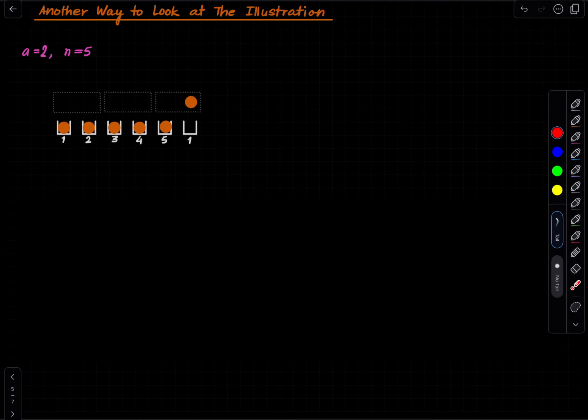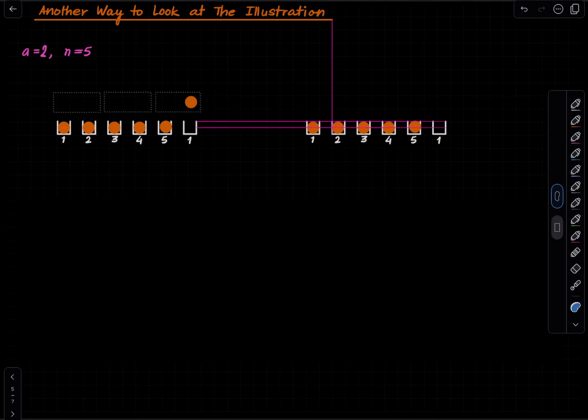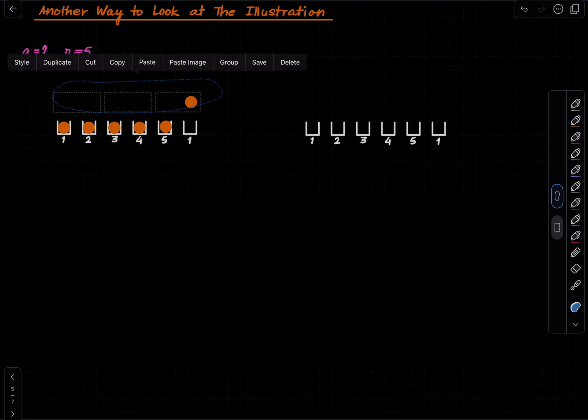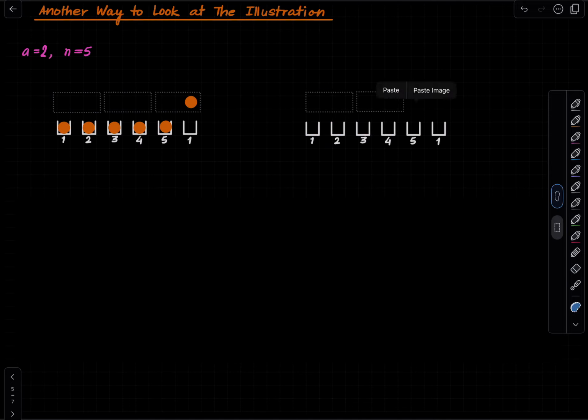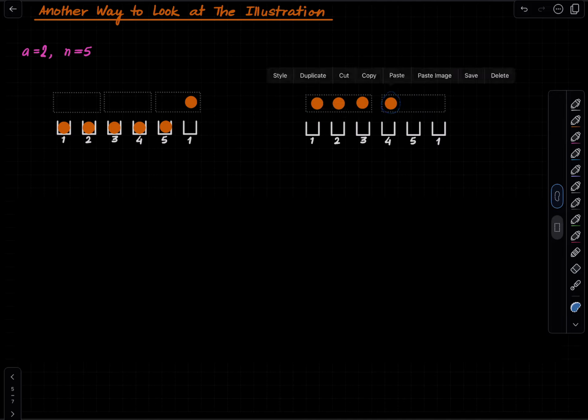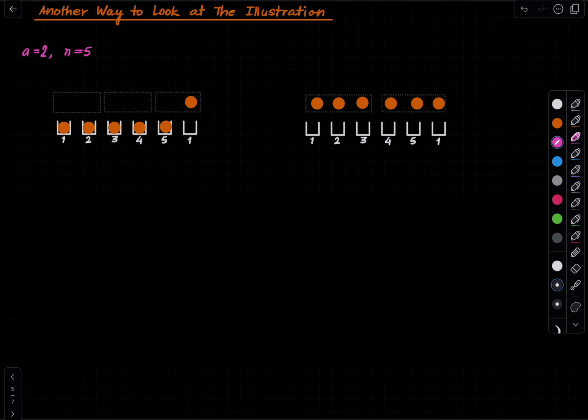Let's maybe also do it for a equals 3. It will take me some time to arrange everything. Okay, so this time we have n as 5 and a as 3.